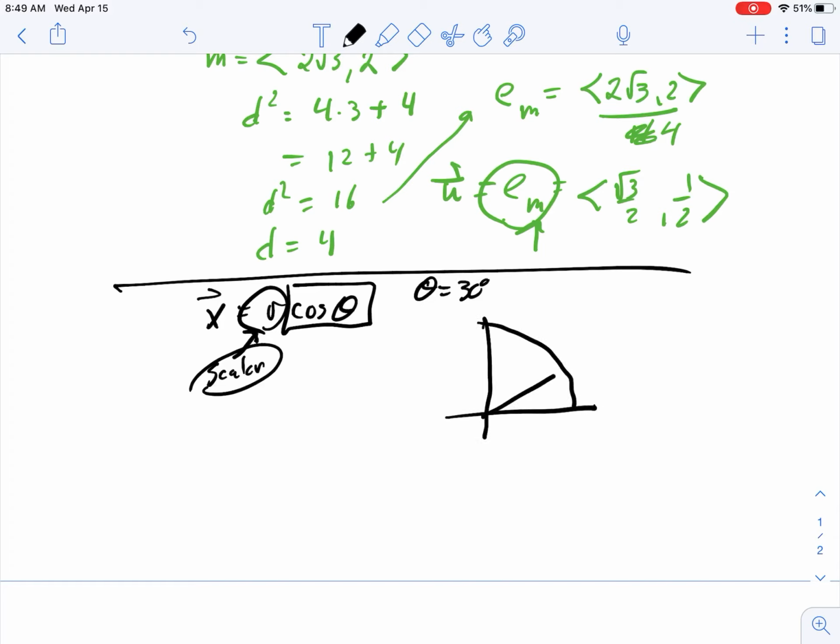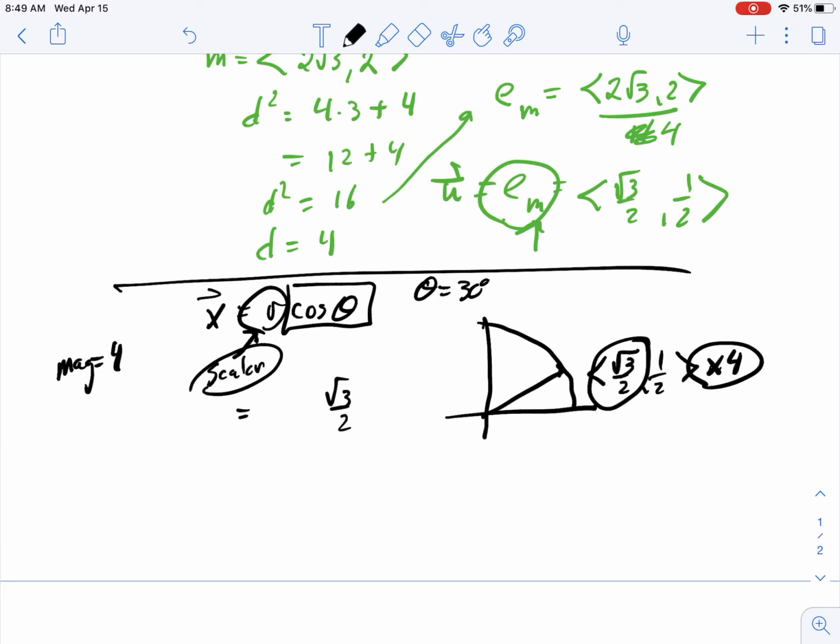But here's your vector. So my components are root 3 over 2, 1/2. So we're just looking at one component, let's say your x component. So if I take root 3 over 2 and multiply it by 4, that's your magnitude. So if your magnitude is 4, then 4 times that would be 2 root 3. And that's all you're doing.